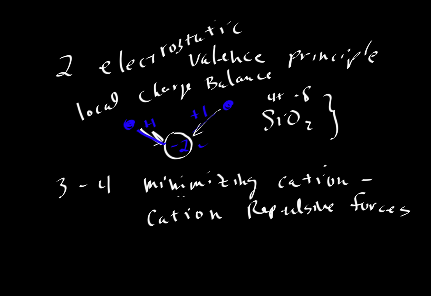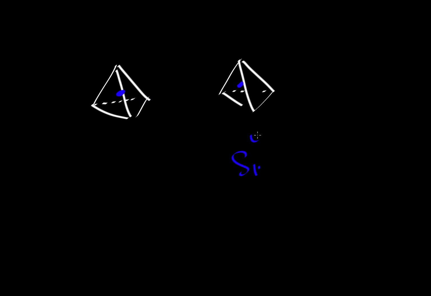And in the case of cations, let's erase the chalkboard. Let's take a case where we have, let's say, a silica tetrahedron and another silica tetrahedron over here. And in the middle of those is, well, we're calling it a silica tetrahedron, so it must be a silicon atom. So a silicon atom with a 4+ charge.